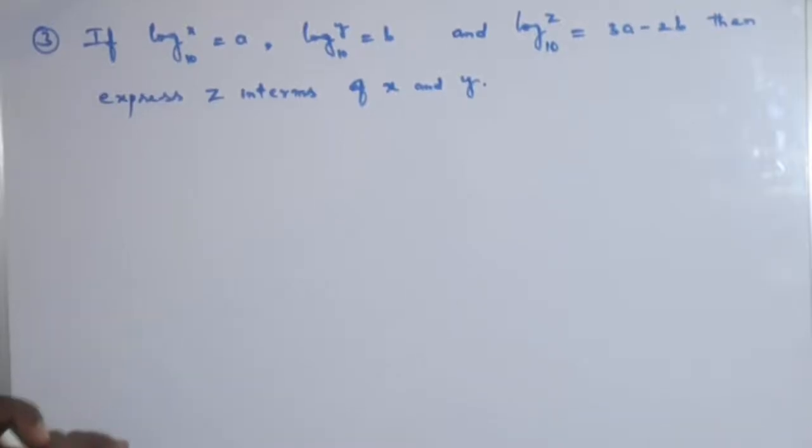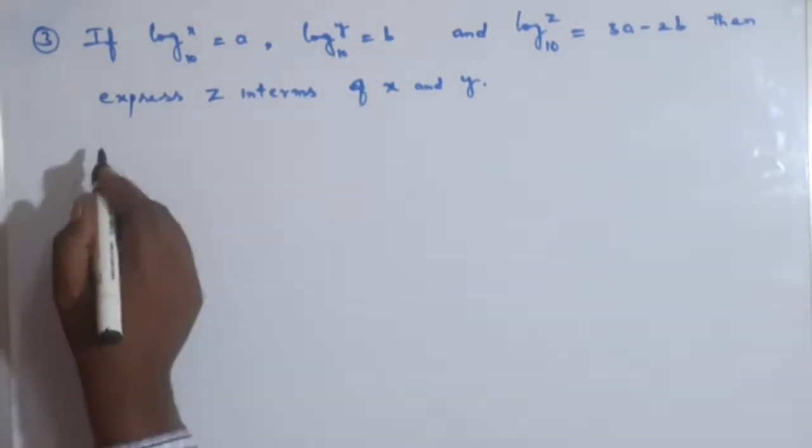The next problem: if log base 10 to x equals a, log base 10 to y equals b, and log base 10 to z equals 3a minus 2b, then express z in terms of x and y. So a equals log base 10 to x, b equals log base 10 to y, and 3a minus 2b equals log base 10 to z.